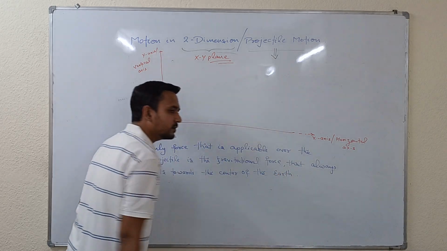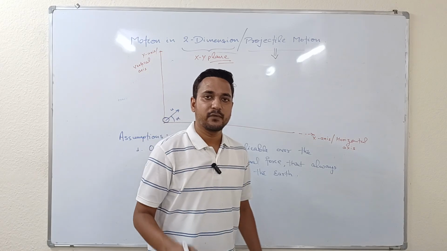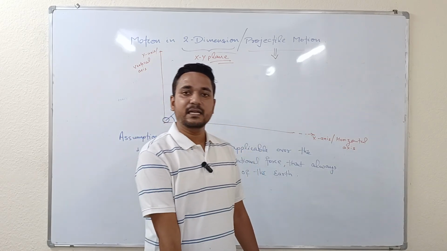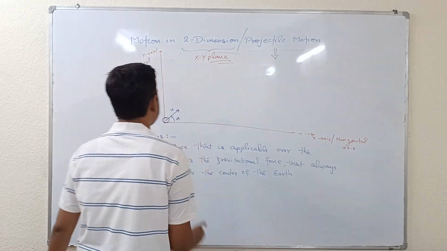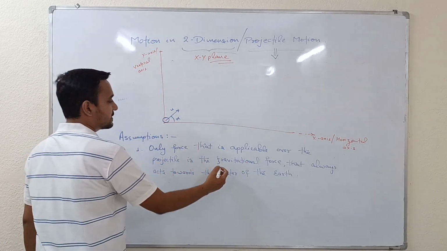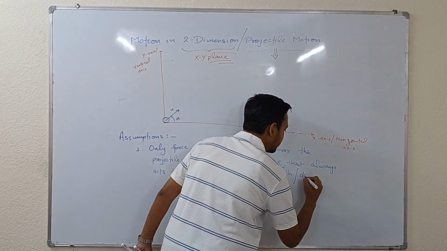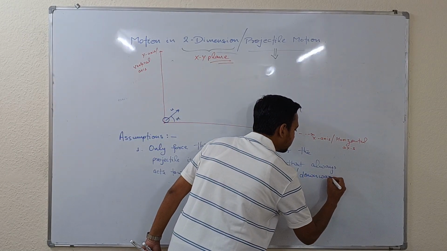And where is the center of the earth? Just vertically downwards. We are standing here. The center of the earth is exactly vertically downwards from us. So the gravitational force is always in the downward direction.